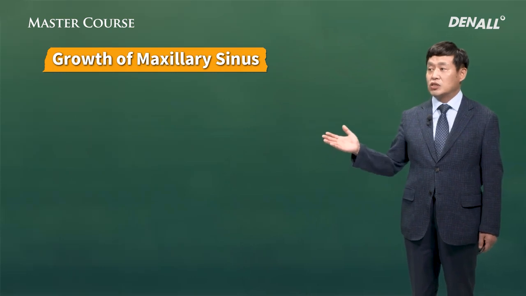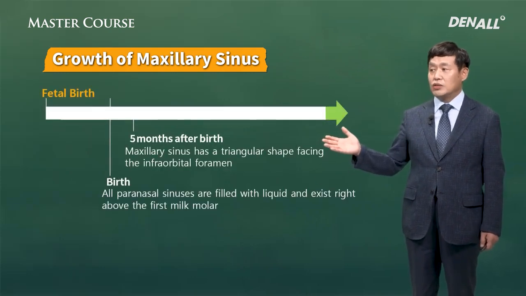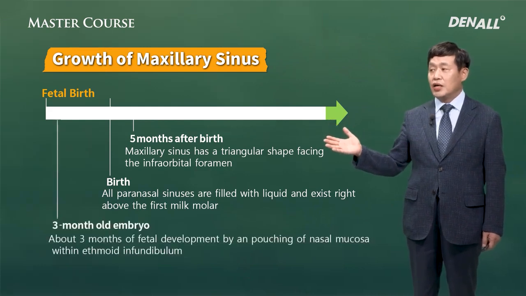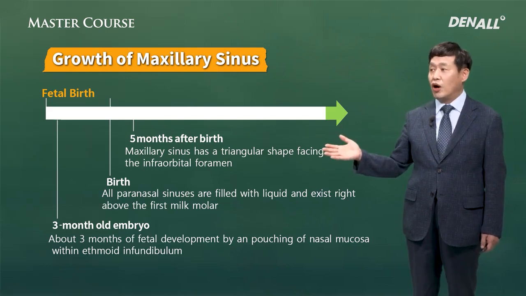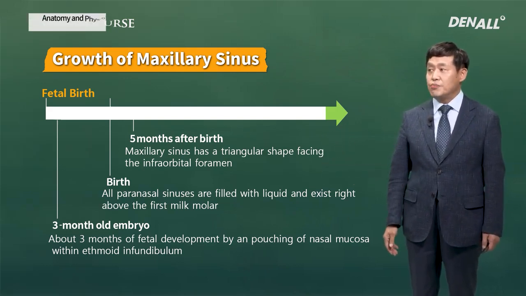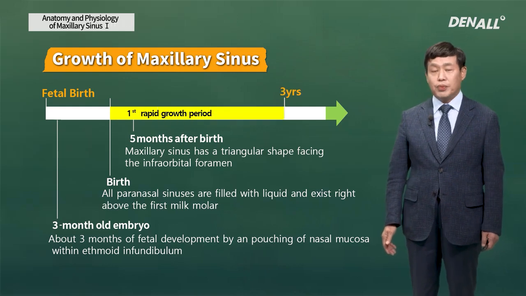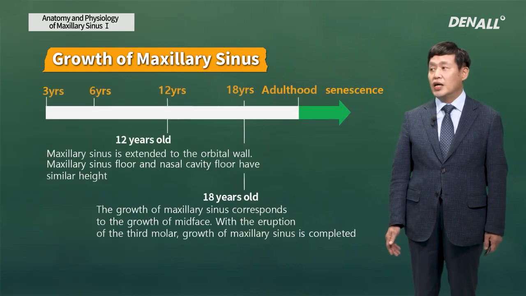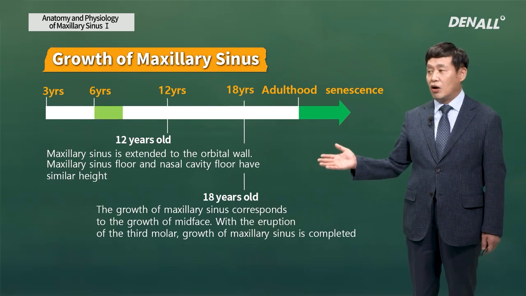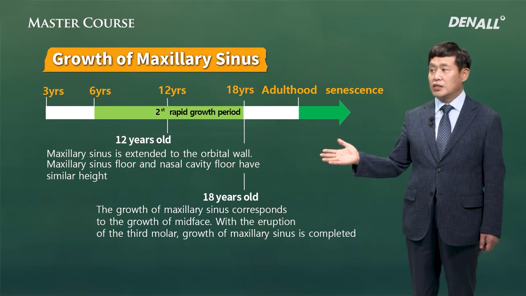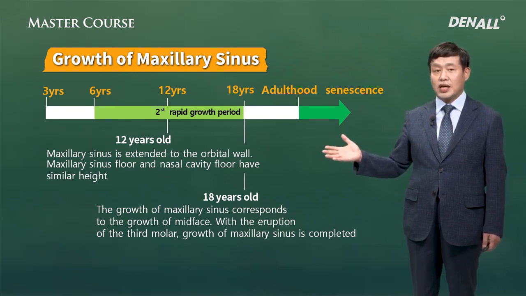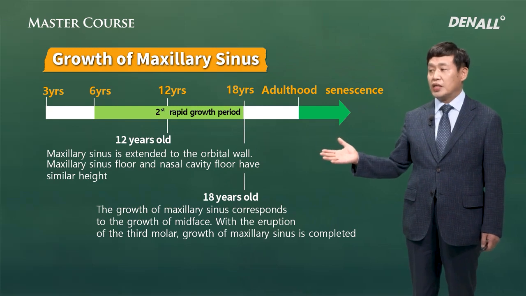Let's look at the growth of maxillary sinus in general. In the embryo, at about 3 months of fetal development, it forms by unpouching of nasal mucosa. From birth to 3 years old, they have the first rapid growth period, followed by the second rapid growth period at about 6 years of age to 18. The maxillary sinus floor and nasal cavity floor have a similar height.